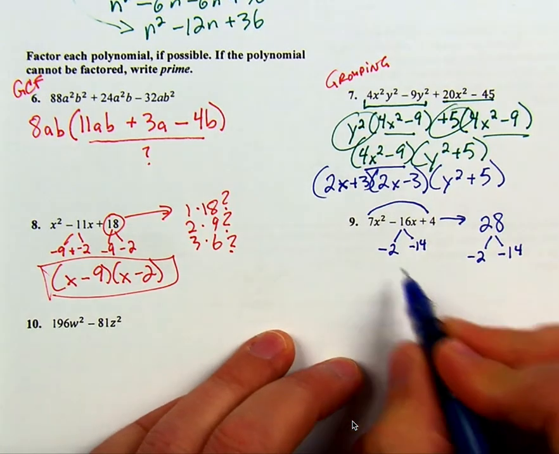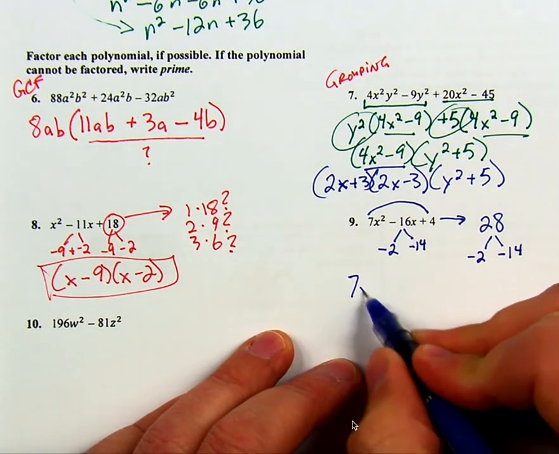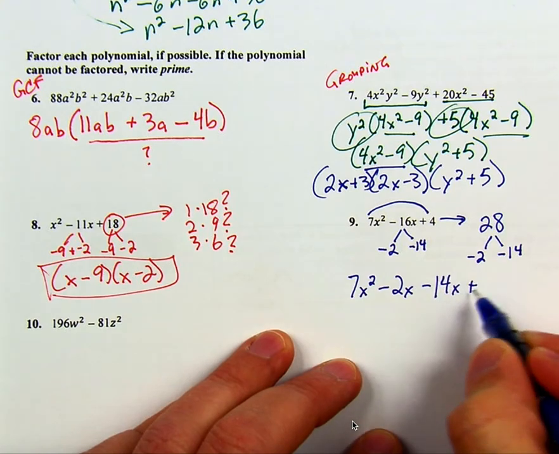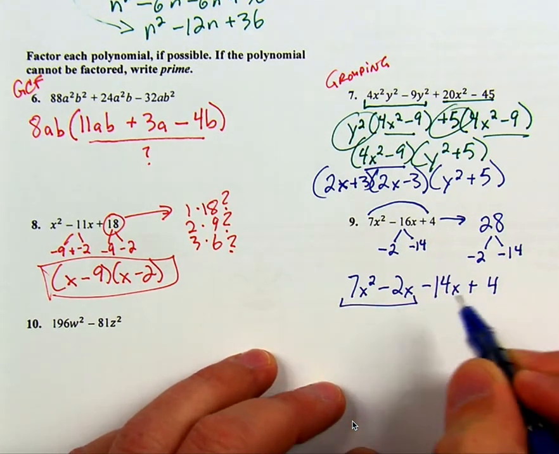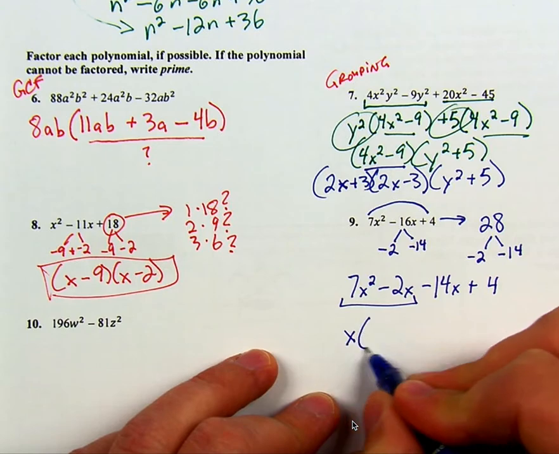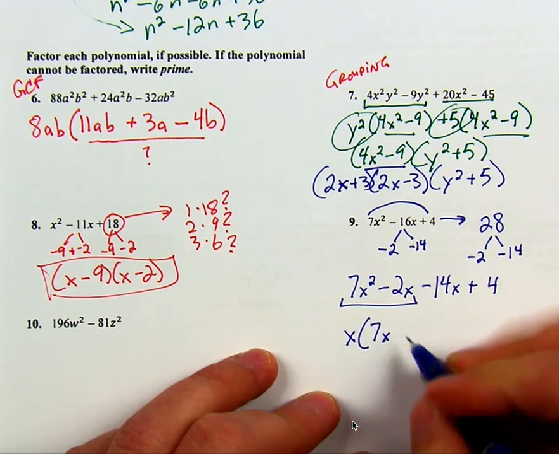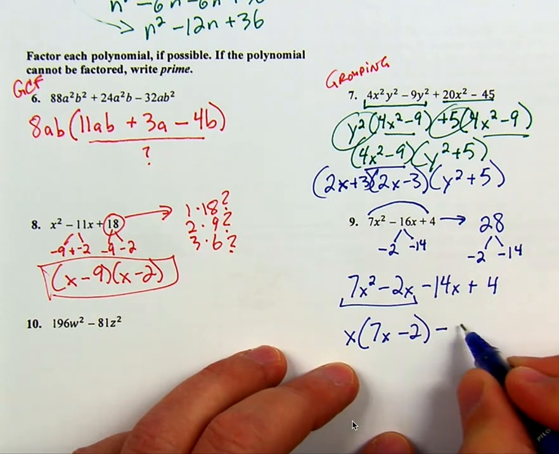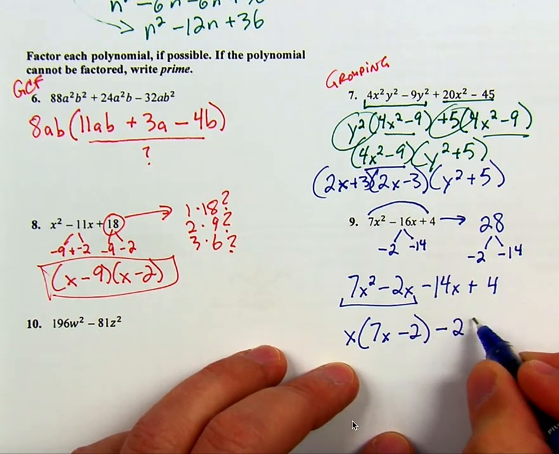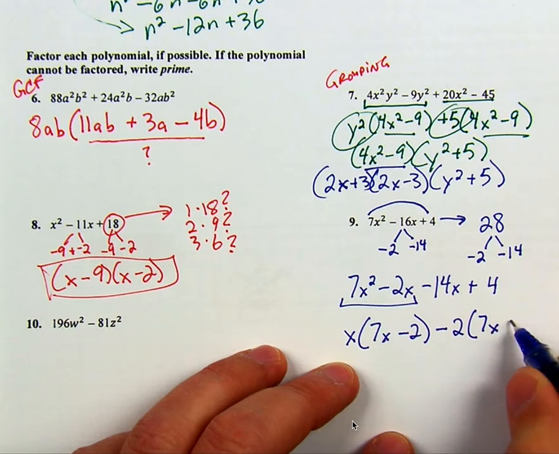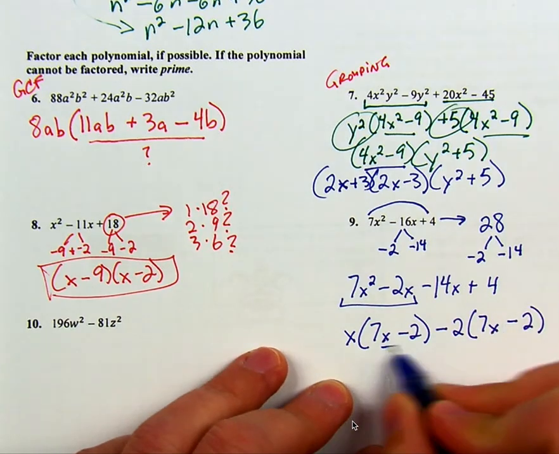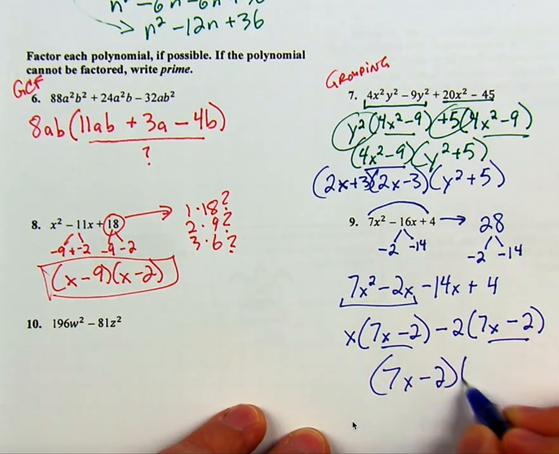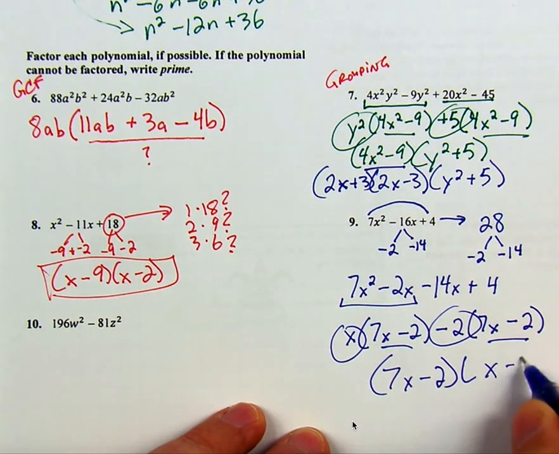All right, so then I'm going to make this 7x squared minus 2x minus 14x plus 4. And all I can factor out of this is an x. All I can factor out of this is a -2. That gives me 7x minus 2. Okay, good. Boom, boom. 7x minus 2 is my first binomial, and then x minus 2 is my second binomial.